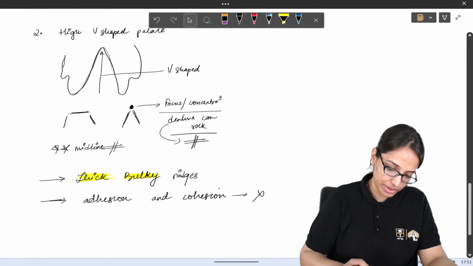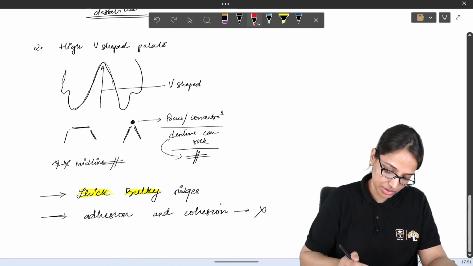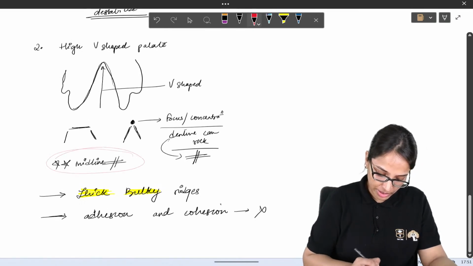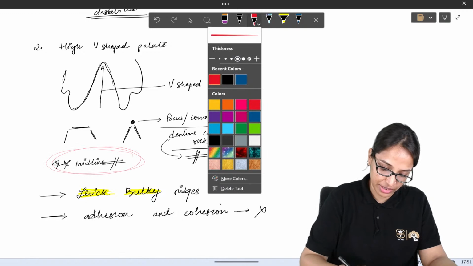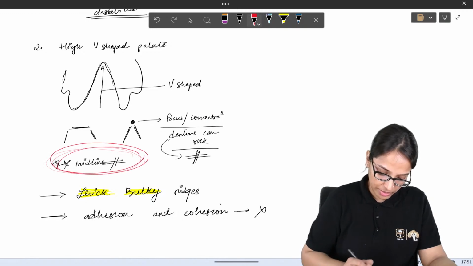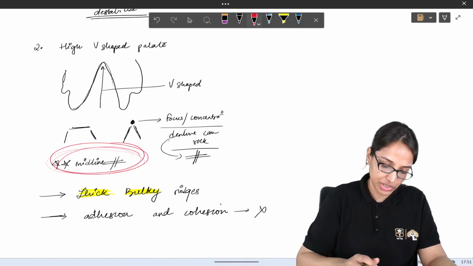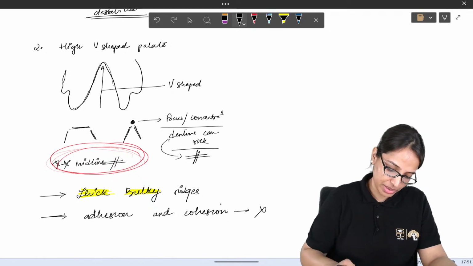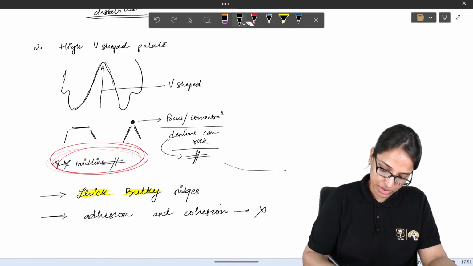But the clinical point we have to take into consideration is the case of midline fractures that could be there with your V-shaped ridges. So that is something that we need to take into consideration.